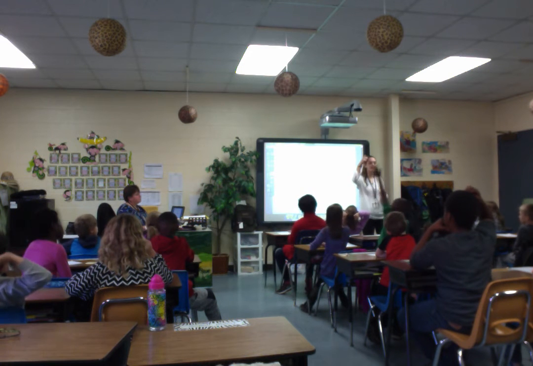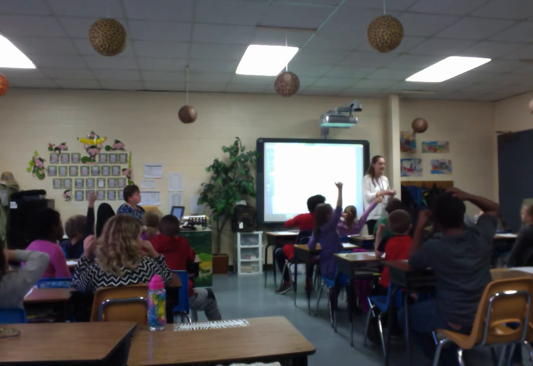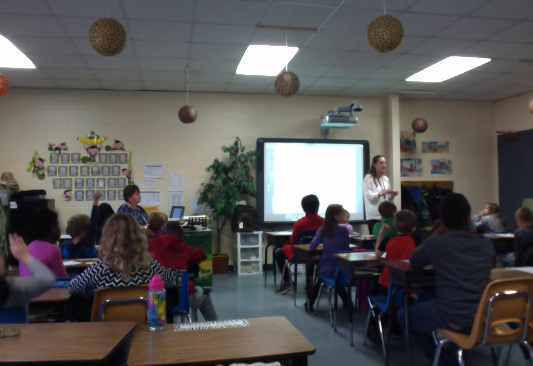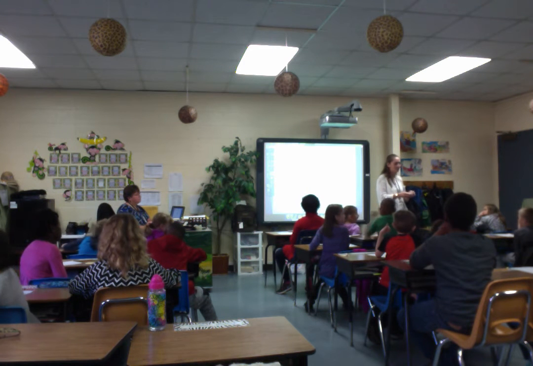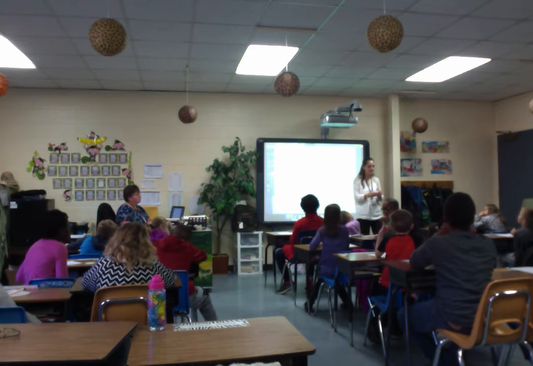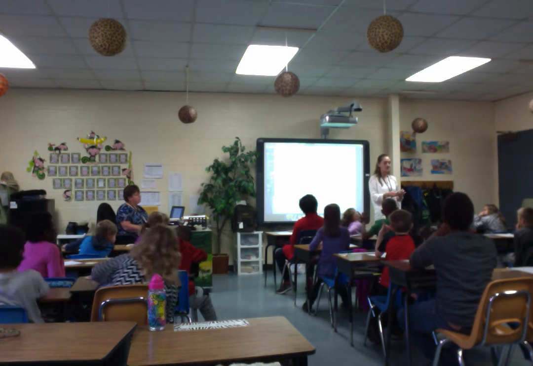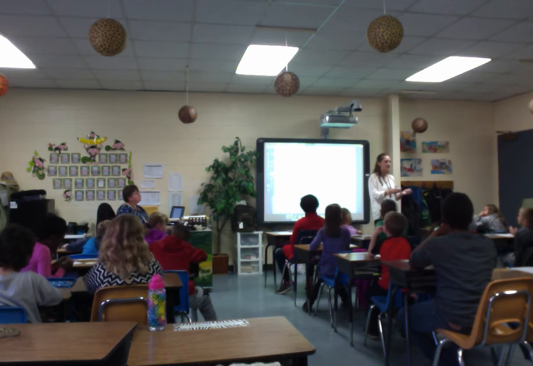Raise your hand, give me a thumbs up for what you think. Isabella? It's the mold. And why is it the mold? Because you're making the shape. Yes, you're making the shape of it. We are also going to pretend that your clay is the ground, because we get the fossils from the ground and they come out in the dirt, right?